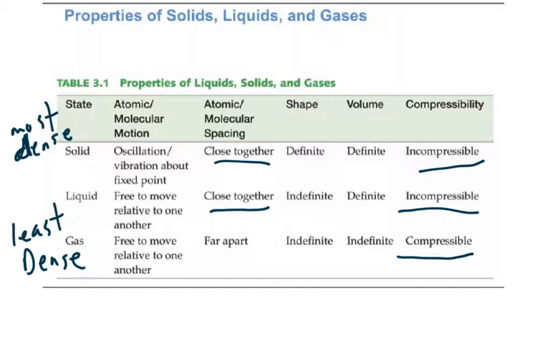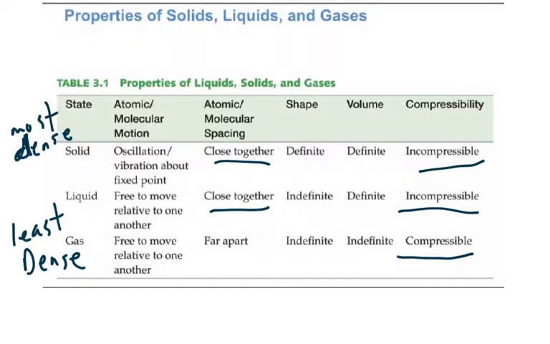Now remember that as far as freedom to move, the solid just vibrates in place. It has low kinetic energy. The liquid is moving faster compared to a solid, and the gas has a lot of kinetic energy. It has a lot of freedom, and it's moving all over the place. And like I mentioned earlier, it's very disorganized.